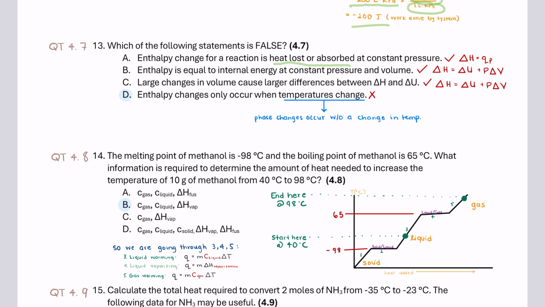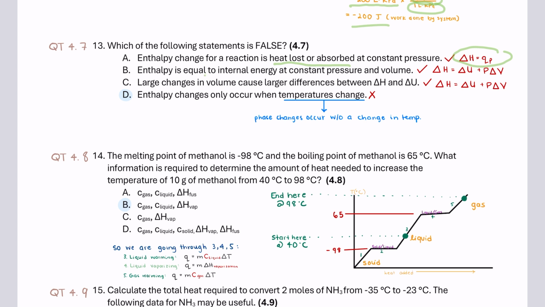One of the defining features of enthalpy is that under constant pressure, the change in enthalpy, delta H, is equal to the heat transferred, Q sub P. So delta H equals Q at constant pressure. This is the basis for constant pressure calorimetry, and it's why enthalpy is used to track heat changes in a reaction. So this statement is correct.